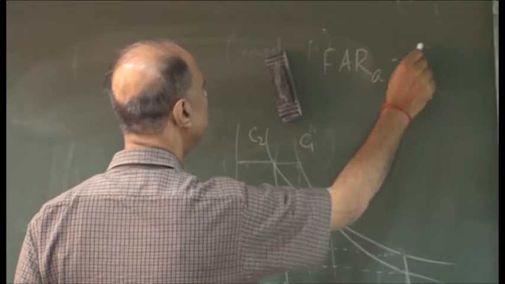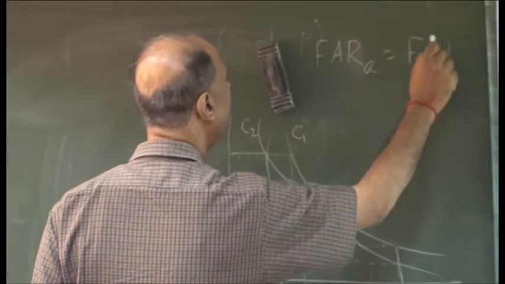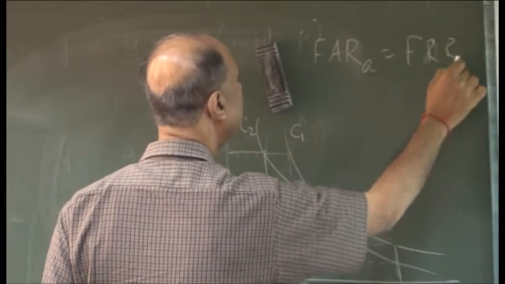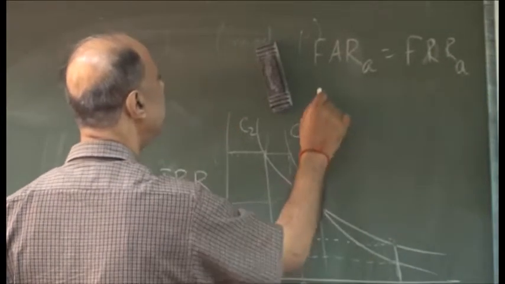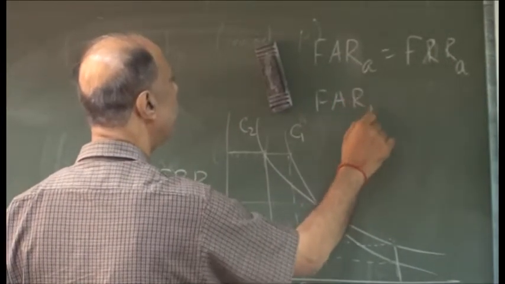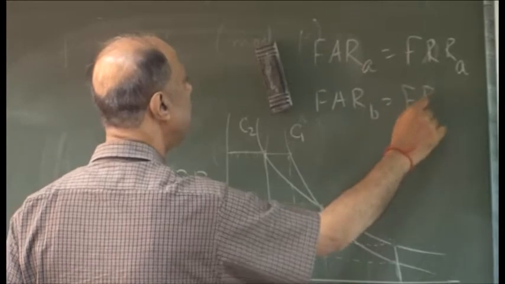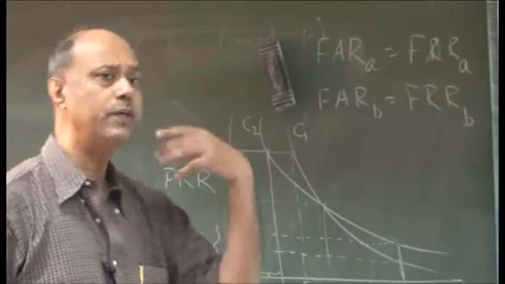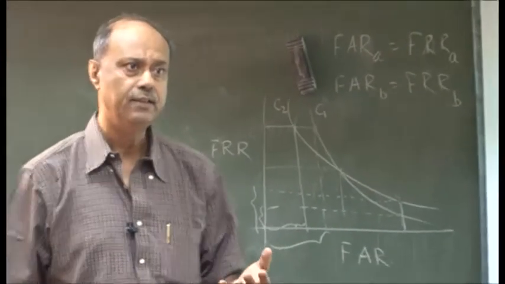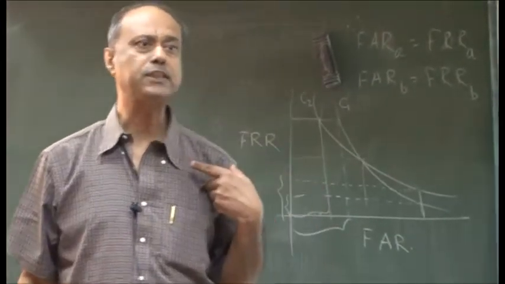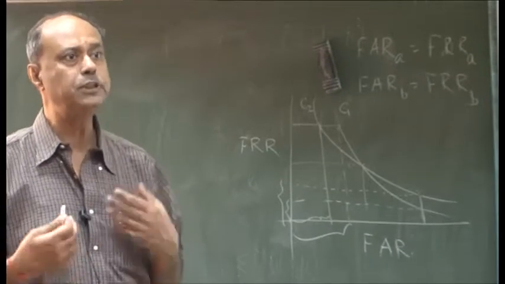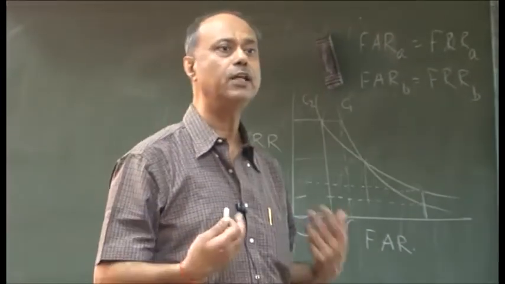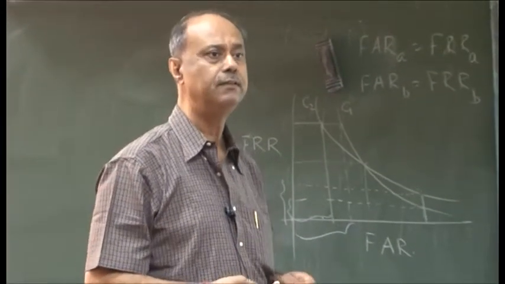of A equals FRR of A, and similarly FAR of B equals FRR of B. If I know this, then I ask what is your false acceptance rate and what is my false acceptance rate, because both of them are the same, whichever is smaller will be the better matcher.